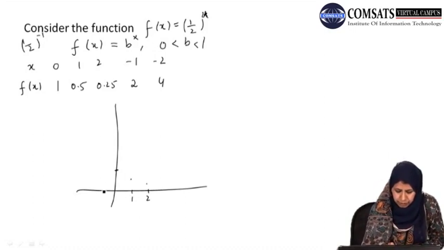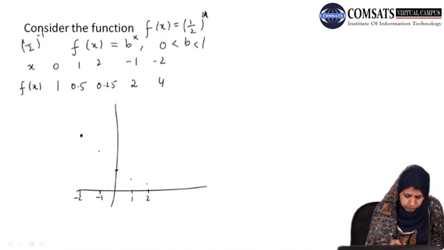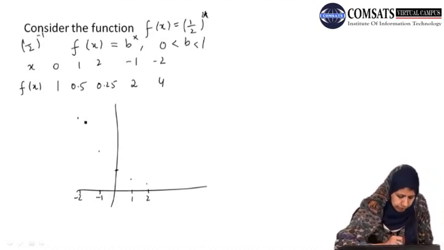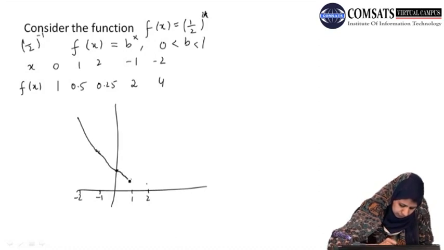At x equals minus 1, this is 2, this one, and at x equals minus 2, this is 4. And now we will connect all the points starting from the left one. Not very well drawn.